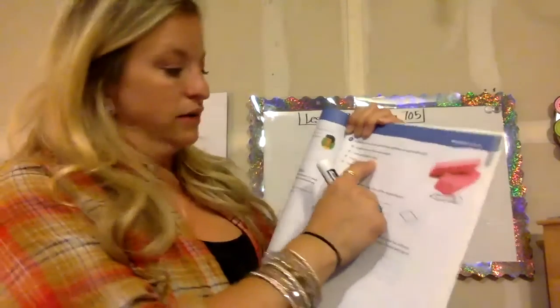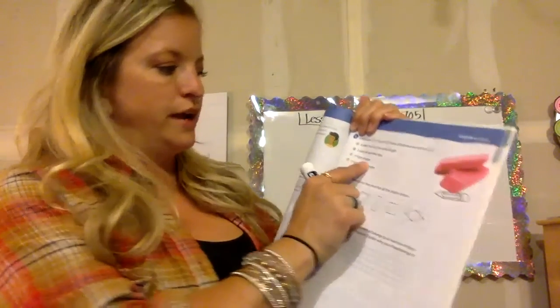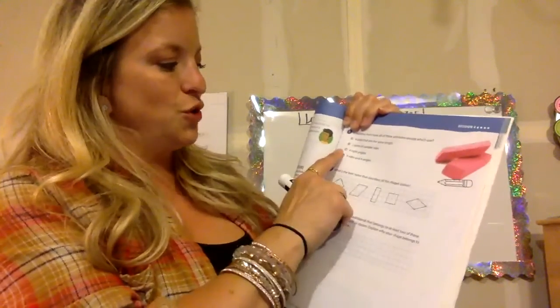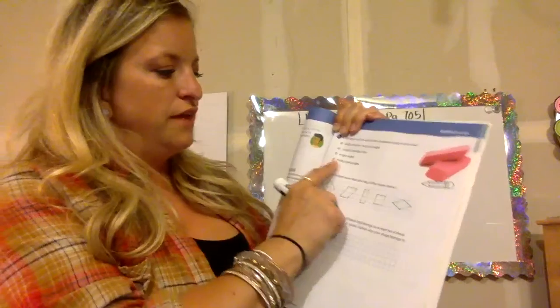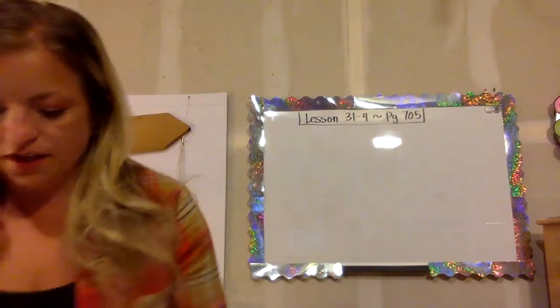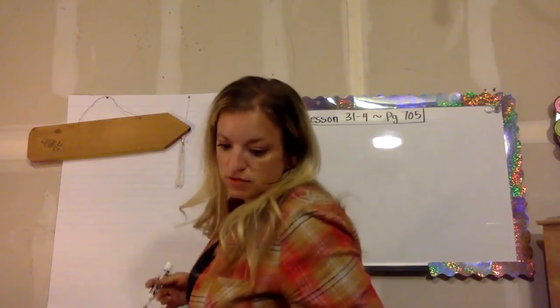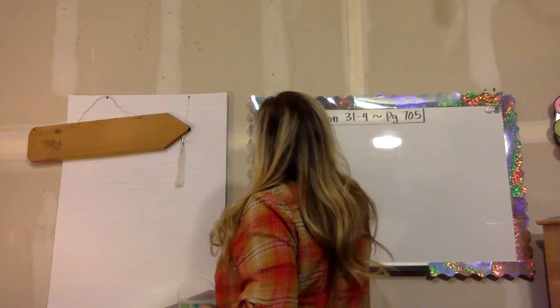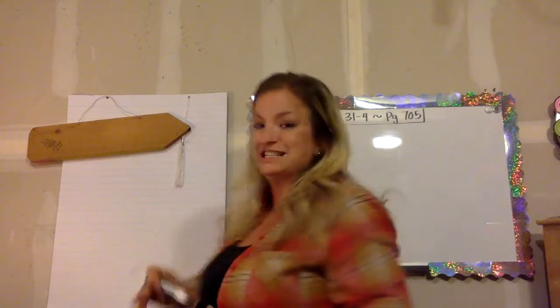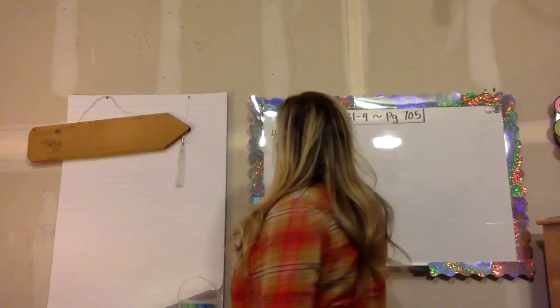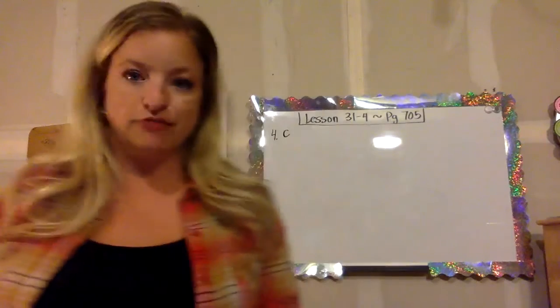Nope, it needs to be parallel. C, 4 right angles. A rhombus is like this shape right here. It has no right angles, so the answer is C. And then 4 sides and 4 angles. Well, we know that it is a quadrilateral, but the one that it doesn't need is number 4. The correct answer for number 4 is letter C. It doesn't have right angles.